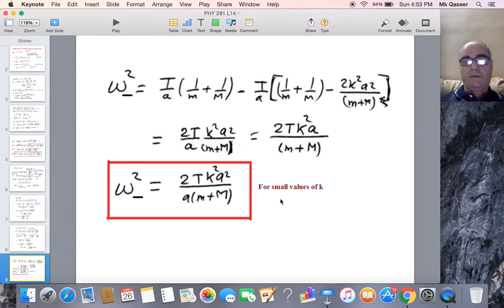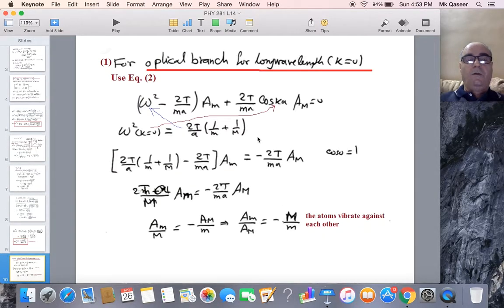Now for the optical branch, for k equals 0 or long wavelength, we have to substitute in equation 2 for omega square. K is 0, cosine 0 is 1, and omega square at k equals 0 is given by this expression. You substitute here, then you find the relation between A sub m small and A sub M capital. Doing so, we get this expression, where A sub m small over A sub M capital has a negative sign.